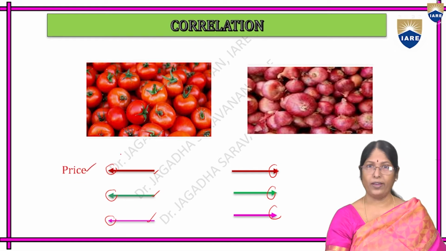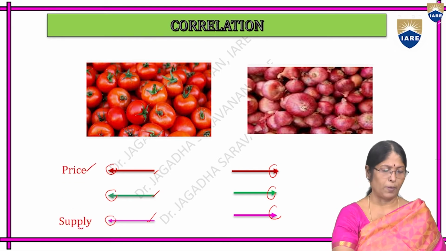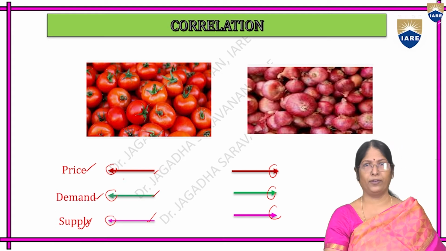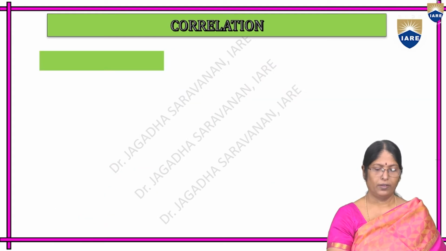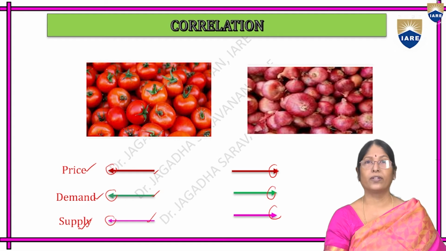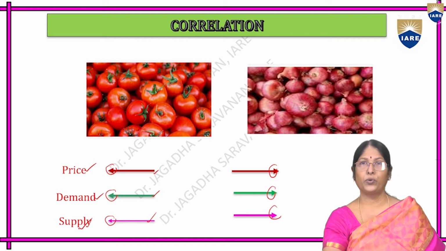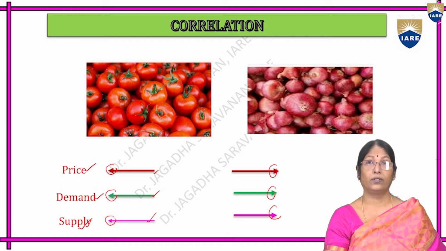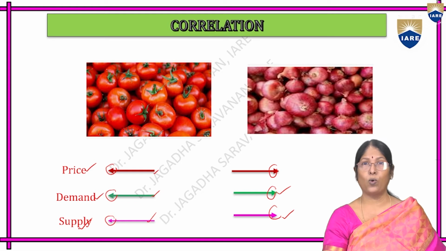Here we have taken price, that is money, supply and demand. In our day-to-day life, sometimes the demand for tomato will be more. When the demand is more, immediately the supply will also be increasing.